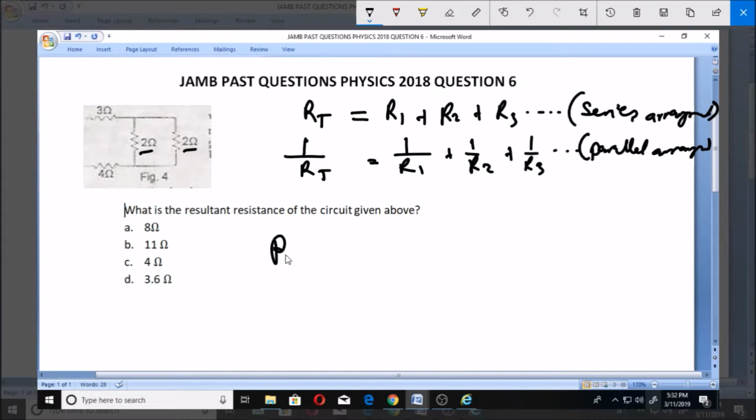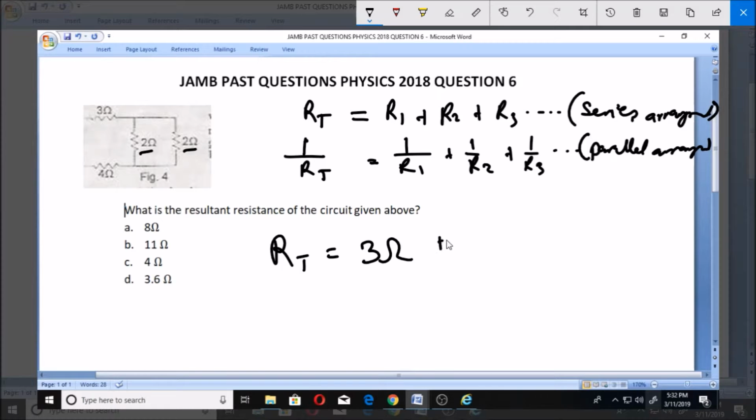So we can now have our R total equal to, this one is in series with both of these. So you can just say that you have here 3 ohm, but these 2 are in parallel.